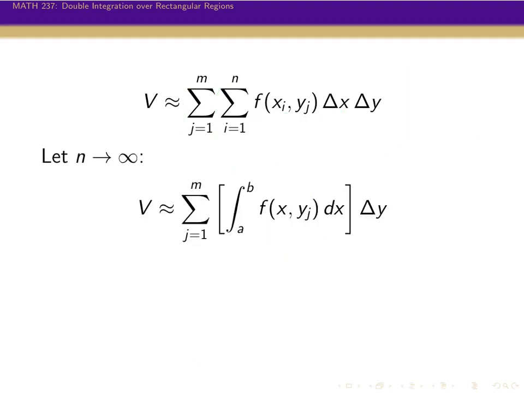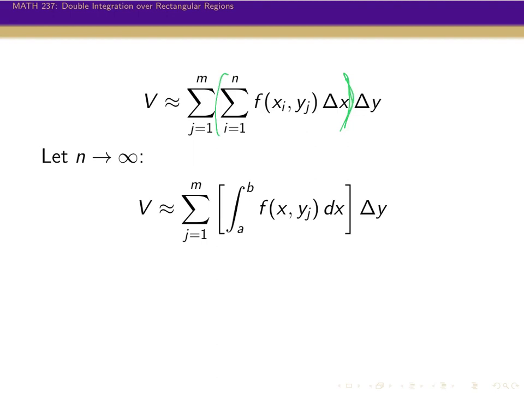Well, if you look, this looks an awful lot like the Riemann sums that we saw in Calc 1. And so in particular, if we just focus in on the inner one, in fact, the delta y, that's a constant. It's not really changing in terms of x at all. And so we can just pull it out and focus just on the delta x's.